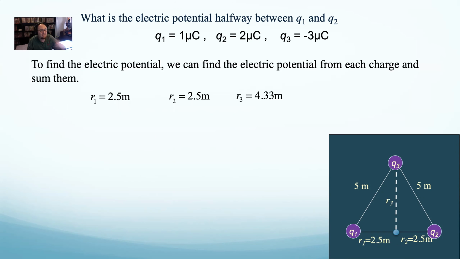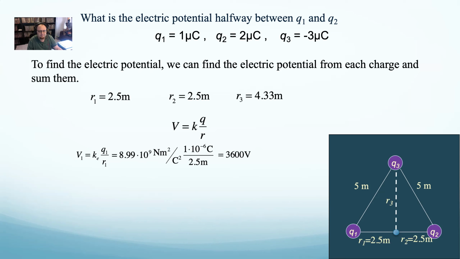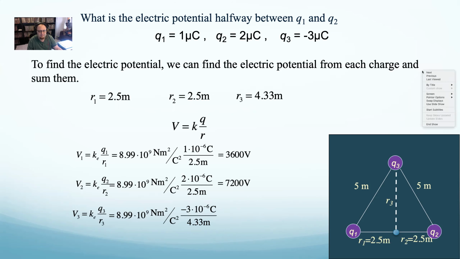But from that, I can find each voltage. The voltage is k e q over r. V1 is k e q1 over r1, and I can plug in. V2 is k e q2 over r2, and I can plug in. V3 is k e q3 over r3, and I can plug in.